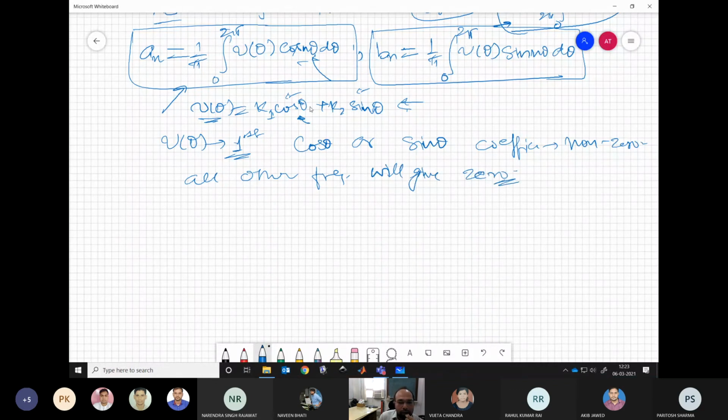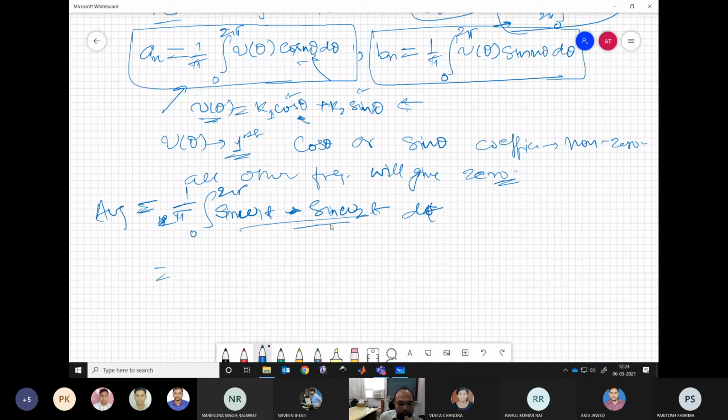The reason being, when you multiply two sinusoids, let's say sine omega 1 t and sine omega 2 t, and you take the average, by pi or something, this average value, d theta or dt, what you will find is that this will actually come up as the harmonics of the difference and sum of the sinusoids.